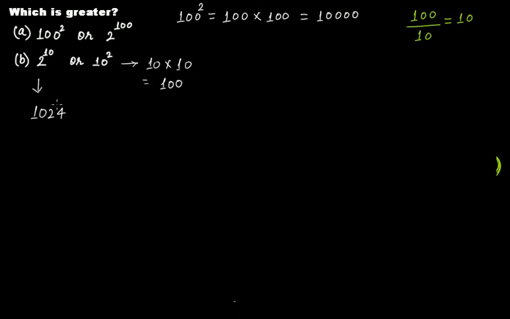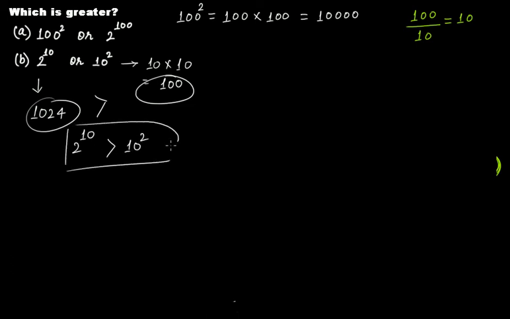So clearly 1024 is greater than 100. So 2 raised to the power of 10 is greater than 10 raised to the power of 2, right? And in this one, 2 raised to the power of 100 was greater than 100 raised to the power of 2.